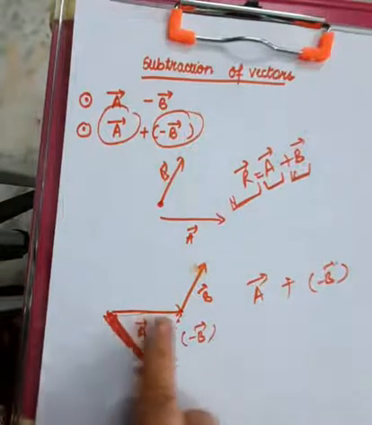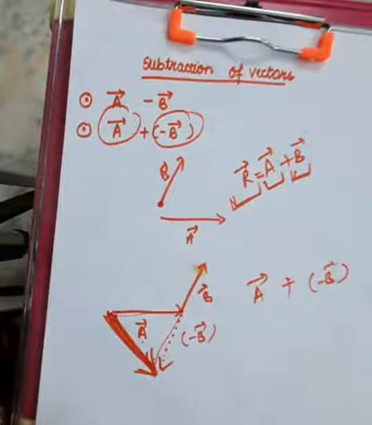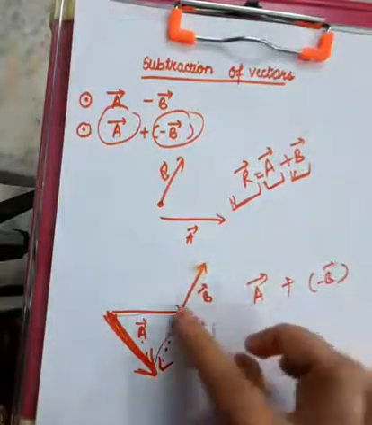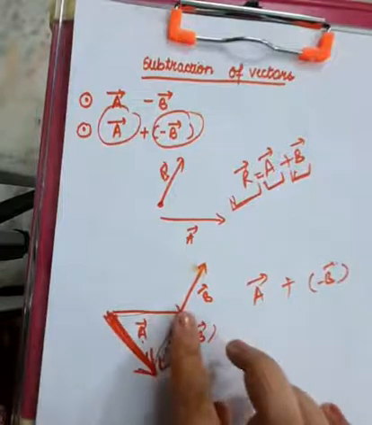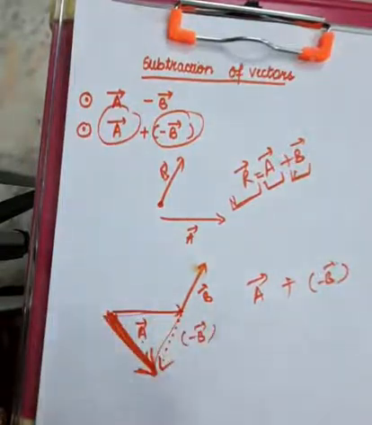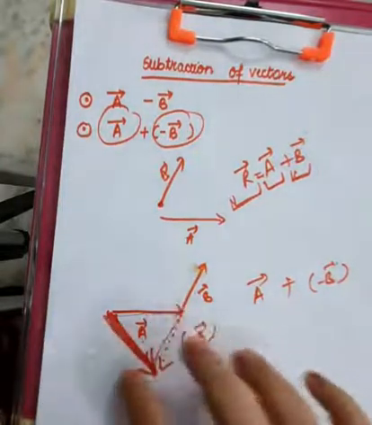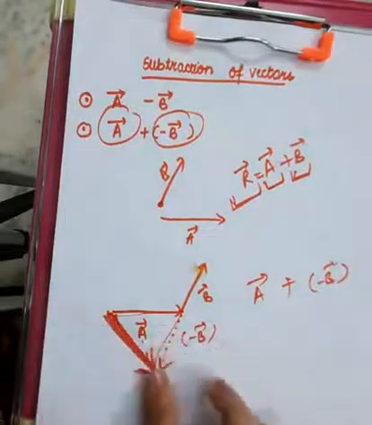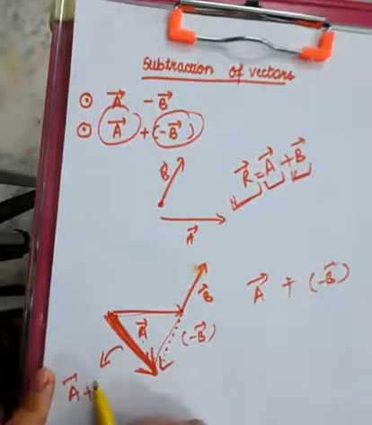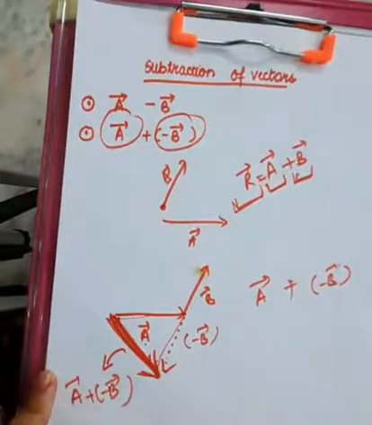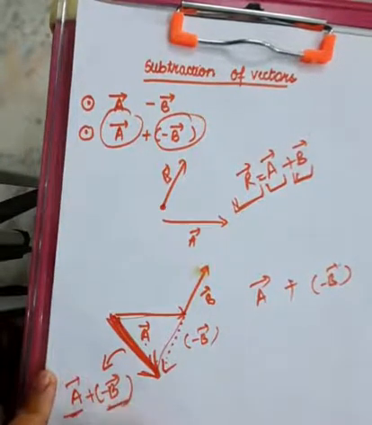So actually this was A vector and this was B vector, and I back produced B so that I can get minus B, and now I need to add both of them. How will I add? By applying triangle law like this. So this is the resultant and it will be written as A vector plus of minus B vector. This is the resultant of two vectors.